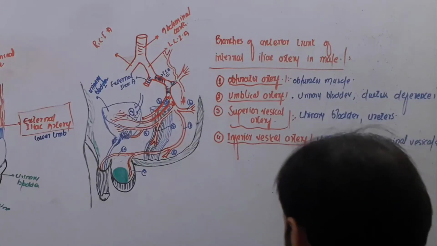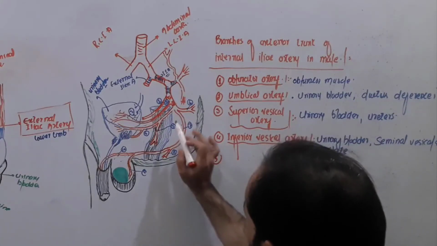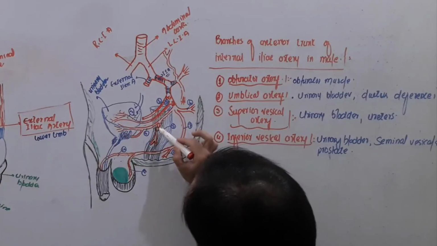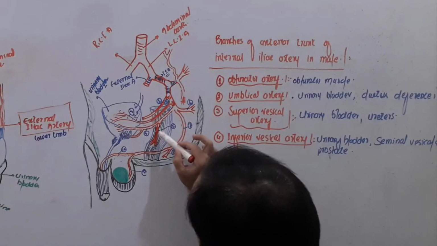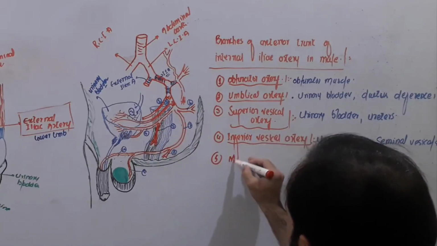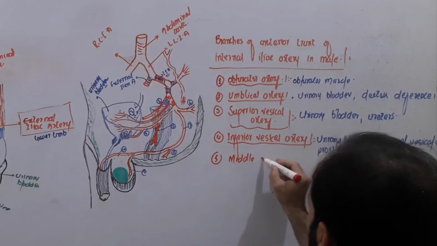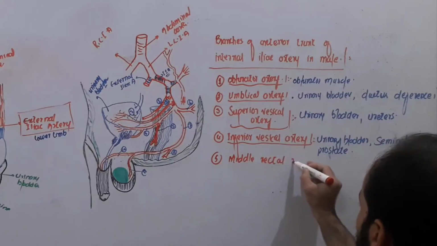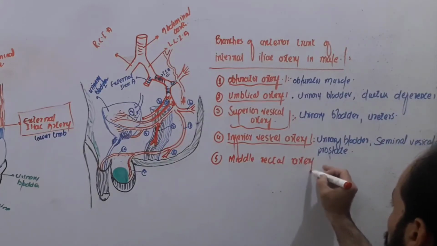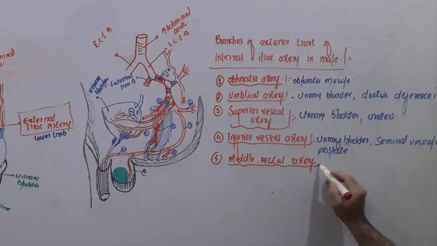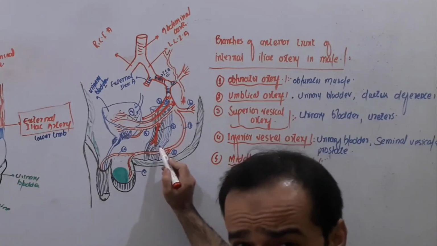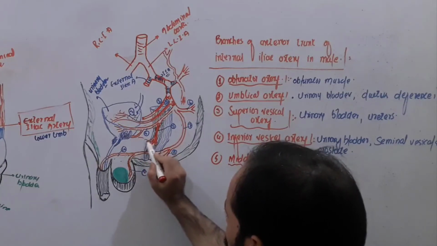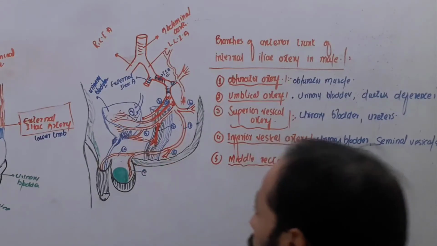Then there is the fifth branch which arises from this anterior trunk, this one. Look, this is called the middle rectal artery, as this is the rectum, right? So this is called the middle rectal artery, right? So this middle rectal artery is responsible to supply blood. Again, I will say that it gives off branches to the middle rectum, and a small branches from it goes to the seminal vesicles also.